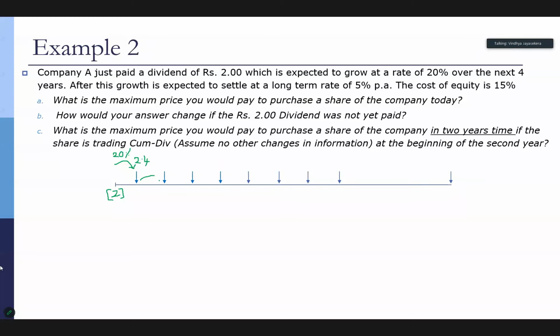And then the year after, again, it will grow by another 20%, because for the first 4 years your dividends are expected to grow by 20%. So, what are the dividends that you will get for the first 4 years?